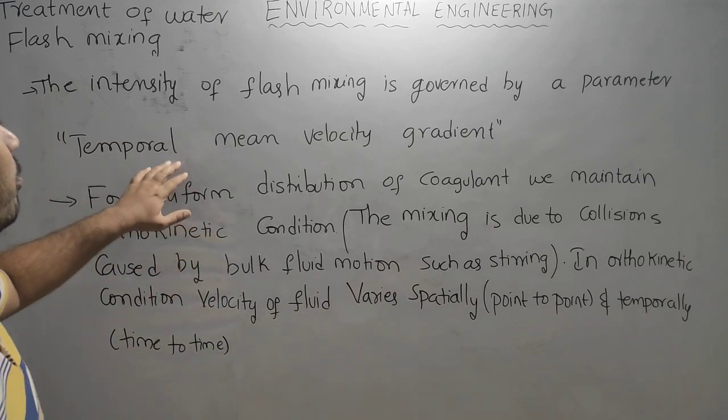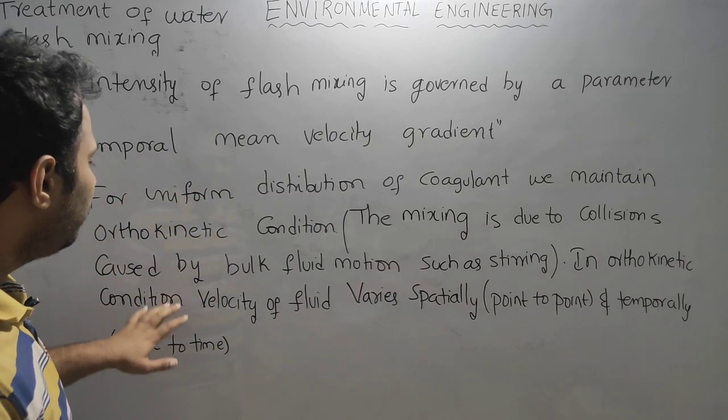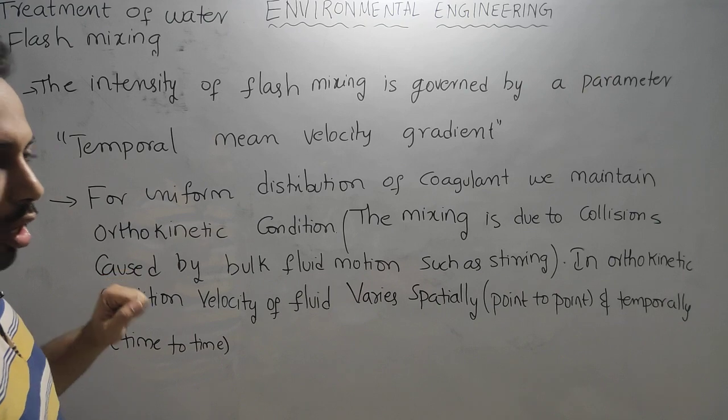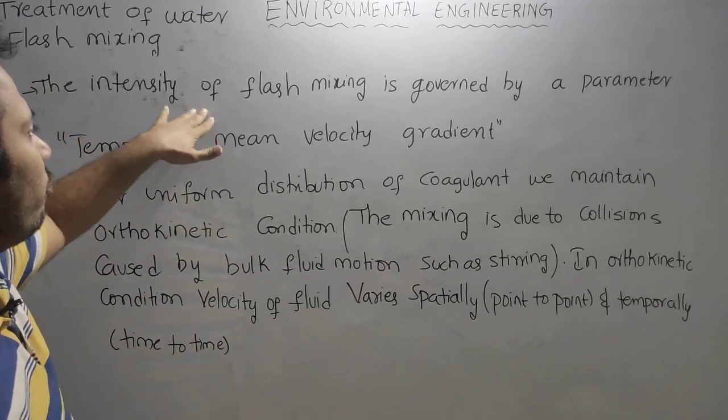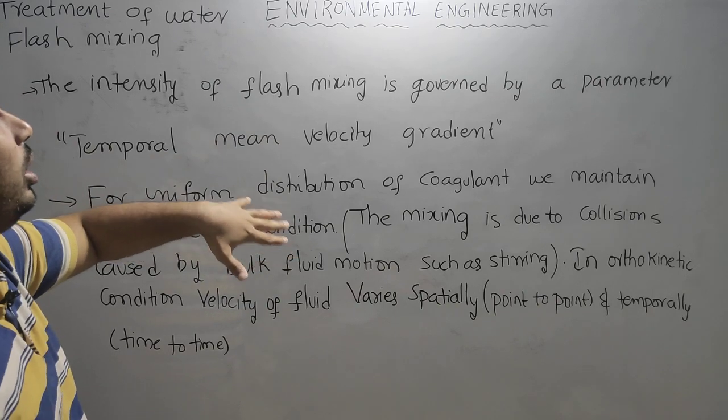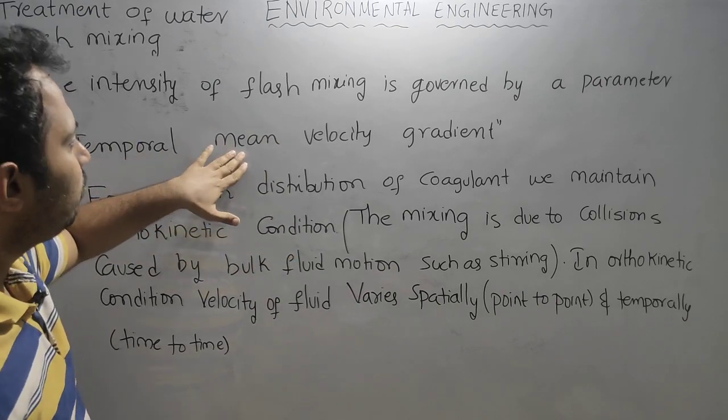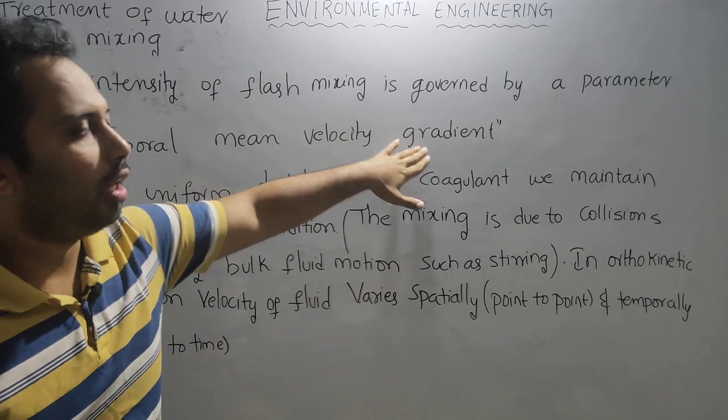Why are we taking temporal mean velocity gradient? Because here we are maintaining orthokinetic condition, and the intensity of this mixing depends on temporal mean velocity gradient.